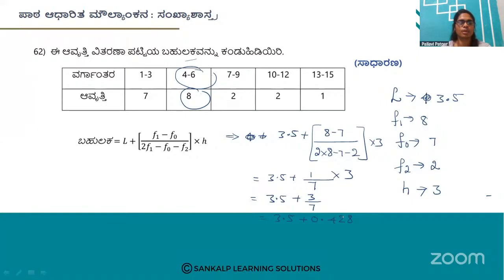So 3.5 plus 0.428 is equal to 3.928. So the mode of the given frequency distribution table is 3.928.